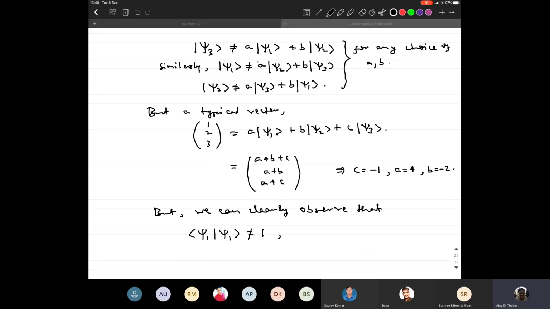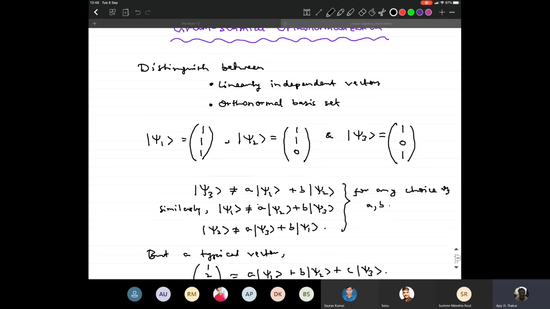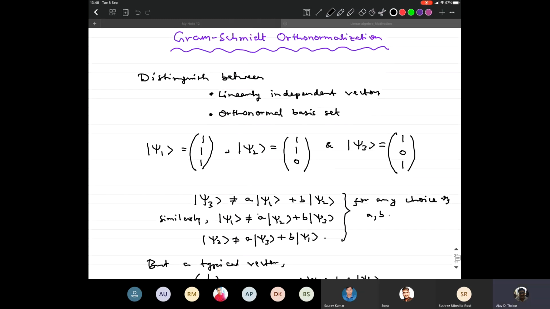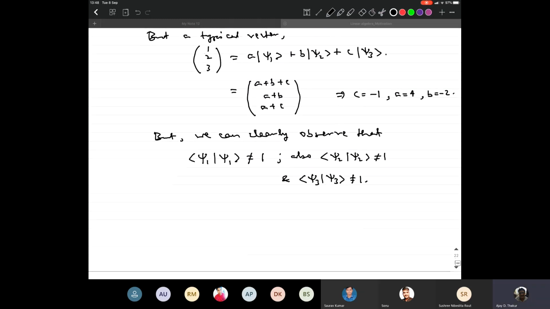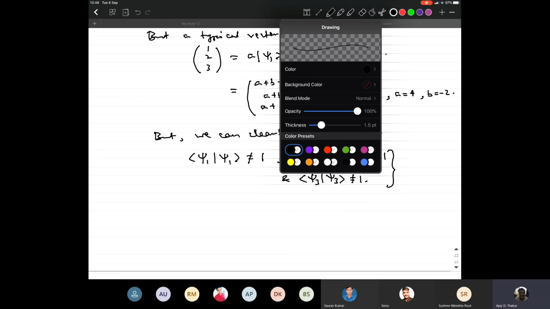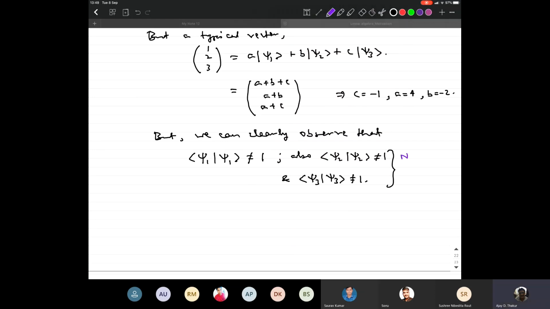And also psi2 with psi2 is not equal to 1, and psi3 with psi3 is not equal to 1. That means they are not normalized.